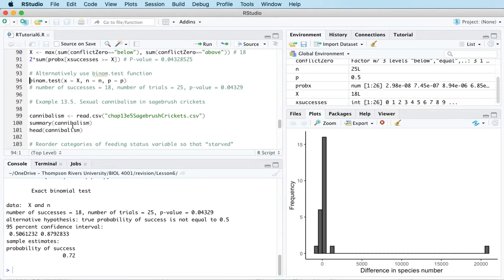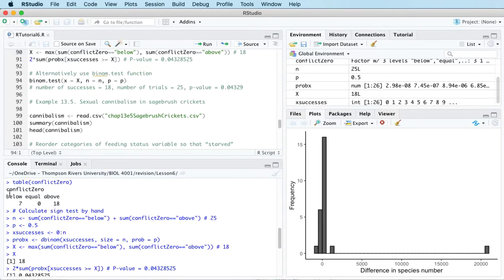So that's the sign test. Very straightforward. It's pretty much just the binomial test applied to this table here, ignoring the equality category.